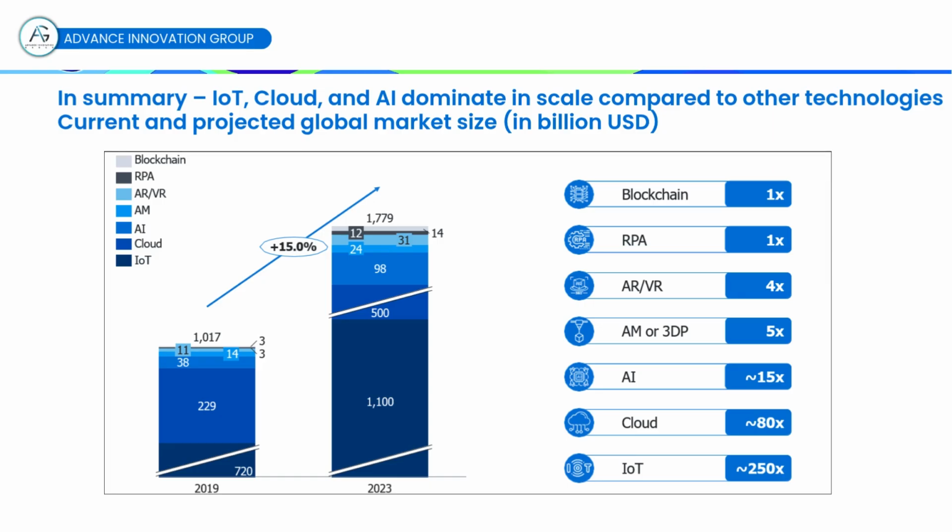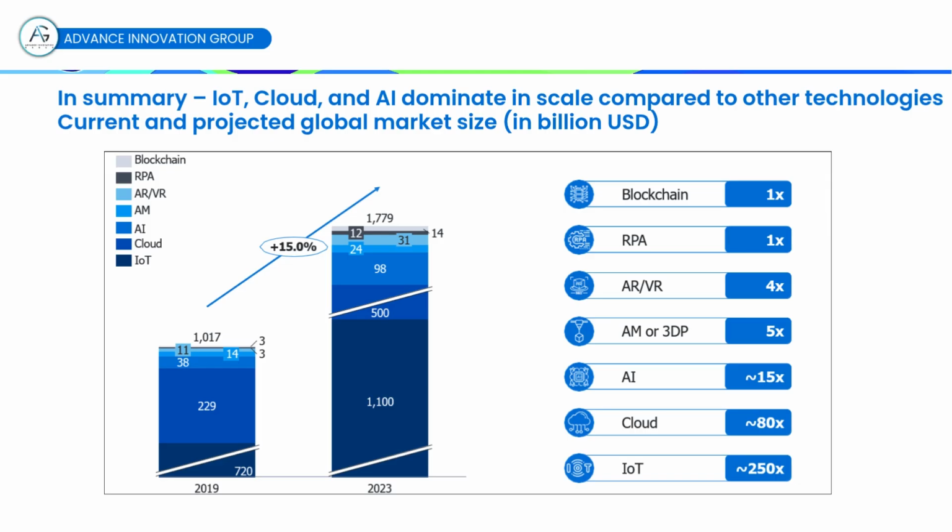Looking at the bar chart, in 2019, the market size of IoT was around 720 billion USD, which increased significantly to 1,100 billion USD by 2023, making it the largest among all technologies.